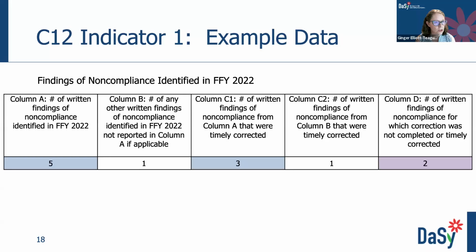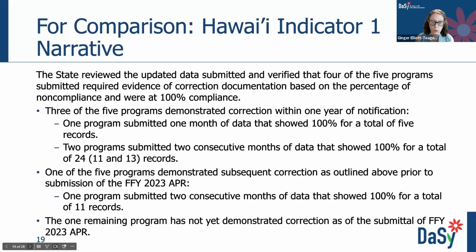And so when they went in to explain this, on the next slide, we're going to give you a little bit of the indicator 1 narrative, so you can see the differences between what they reported for indicator 1 and what they reported for 12. For indicator 1, this is how they explained their subsequent review process.